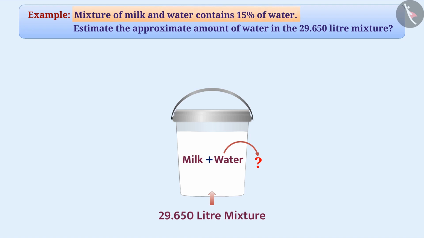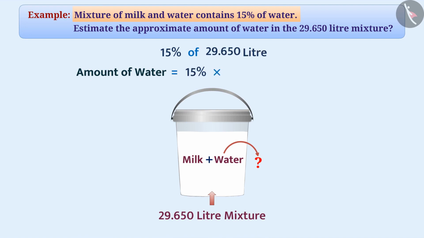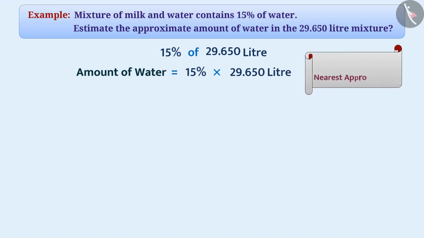In this way, in total 29.650 liter mixture, water will be 15% of 29.650 liter, that is 15% multiplied by 29.650 liter. First of all, we will do the nearest approximation of 29.650 liter, that will be 30 liter.